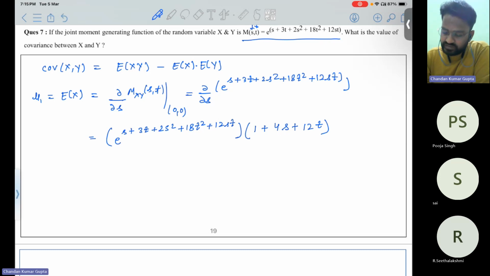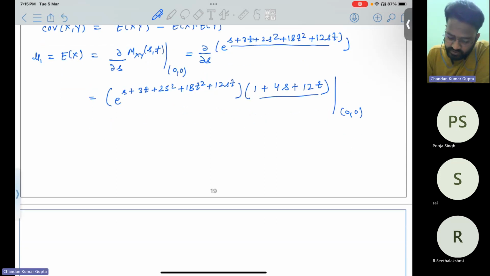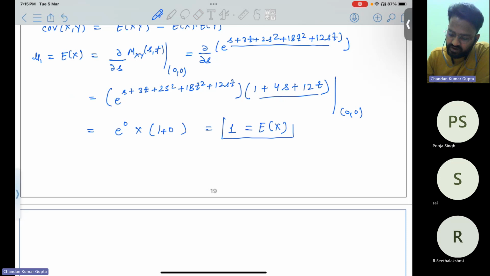Now putting s and t equal to 0, that means e to the power 0 into 1, it comes out to be 1. That means the expected value of x comes out to be 1.